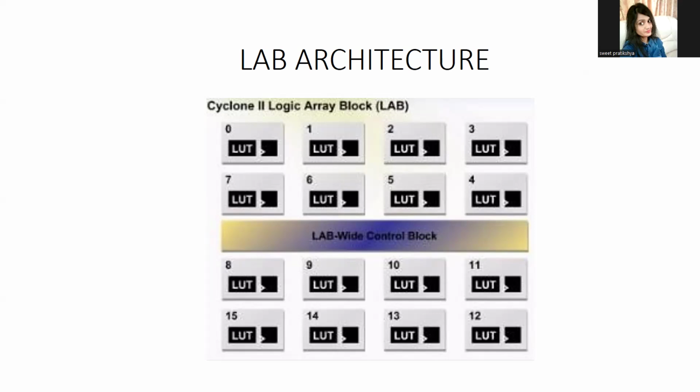Only then can we get the proper output signal. If the LEs and our code are not mapped, then we will not get a proper output and we will get an error. So the code and the LEs should be properly mapped in order to process the code and get the desired output.